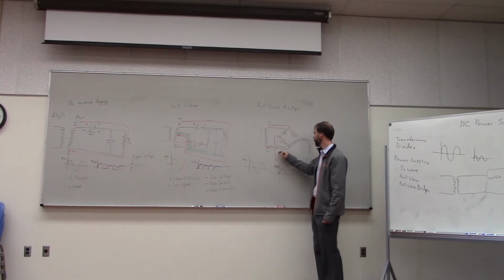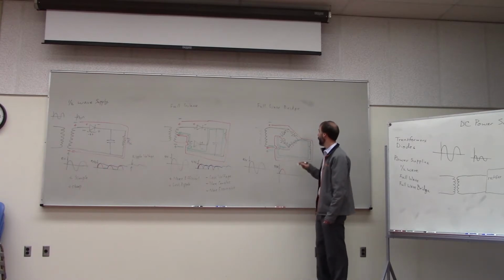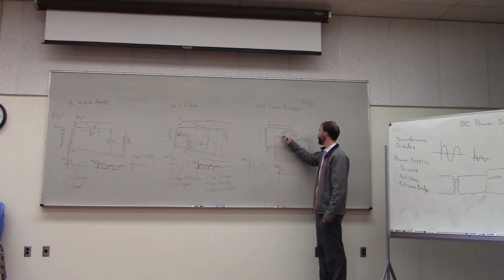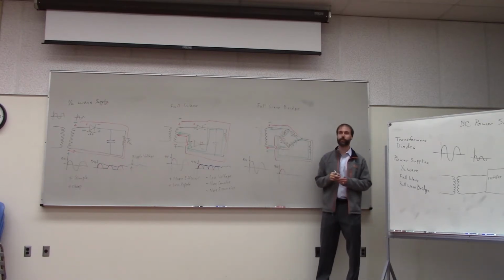Flows through there, comes up and around. Now we've got a positive voltage there and a negative voltage there. So it flows downhill towards the negative voltage, and then it flows back around to the other side of the transformer. Okay?